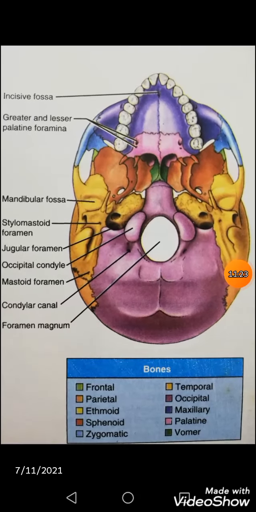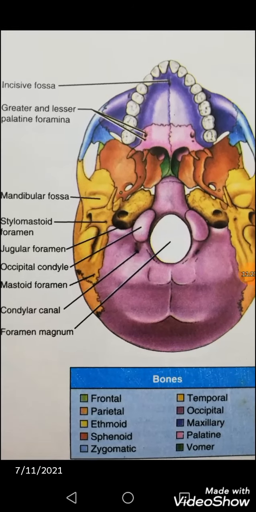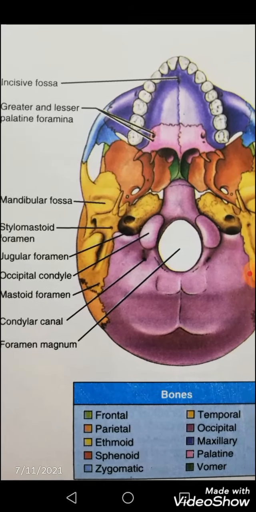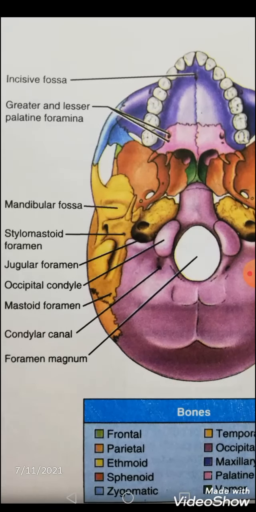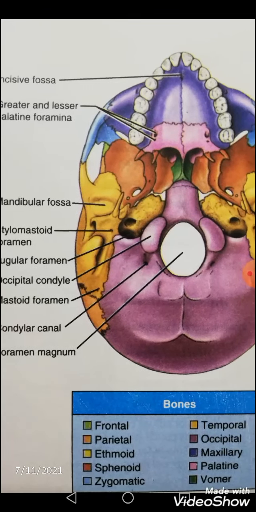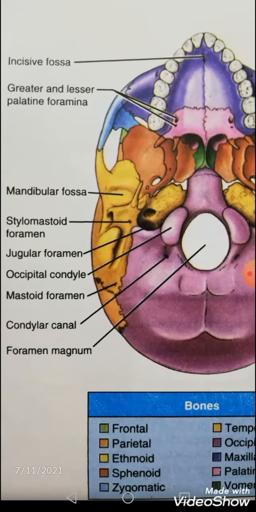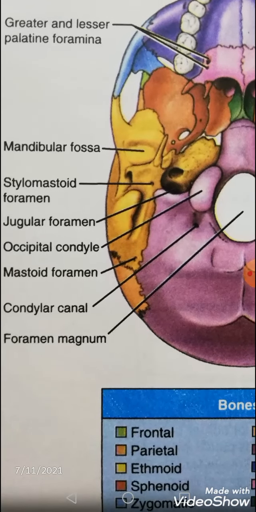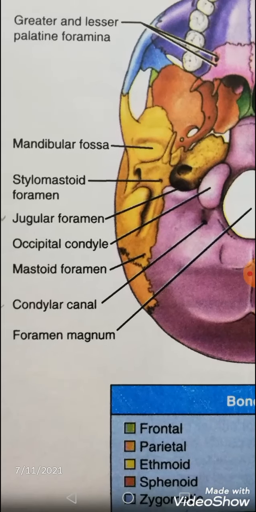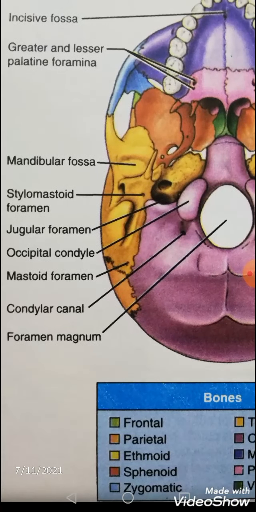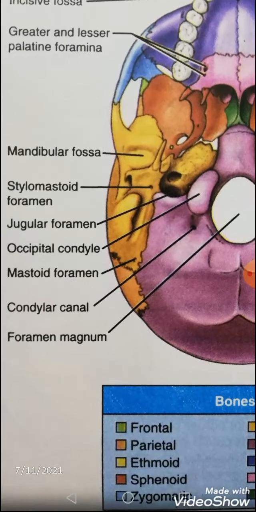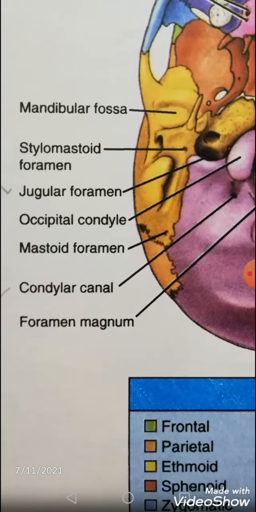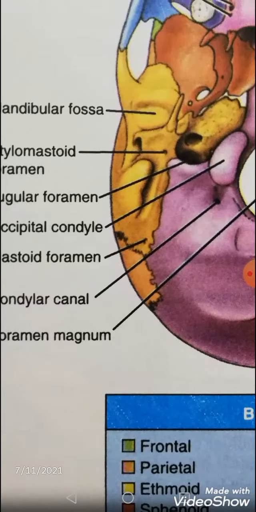You can see the incisive fossa there. Now we can sum up the greater and lesser palatine foramen, and now we can see the mandibular fossa, and you can observe the stylomastoid foramen, jugular foramen, and then there is a labeling of occipital condyles, and you find that sometimes there lies the mastoid foramen, and the condylar canal are being marked on both sides, and you can see the foramen magnum.